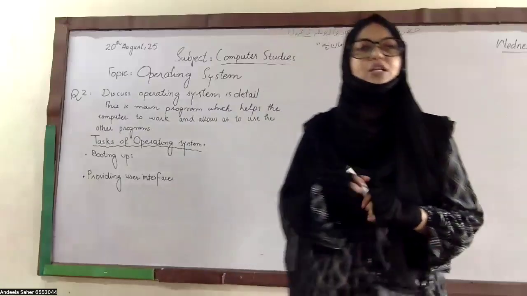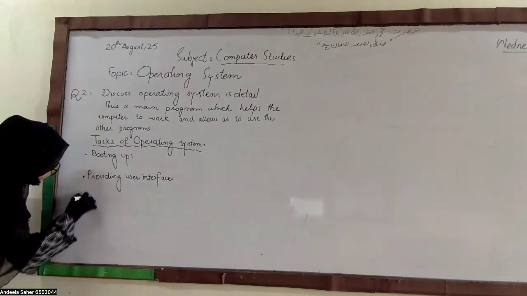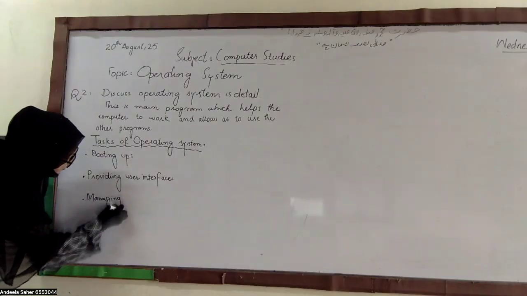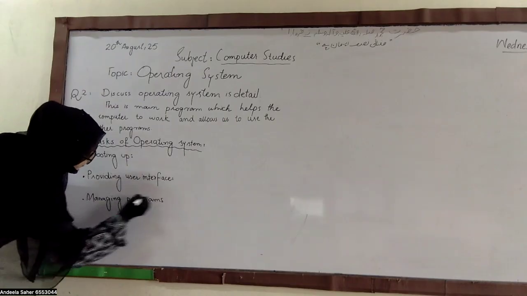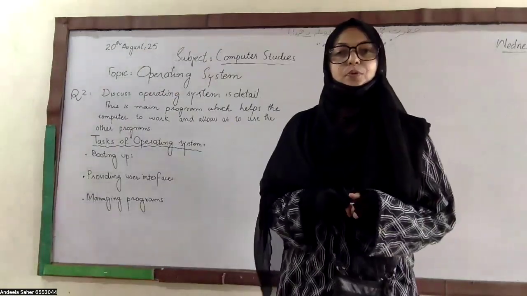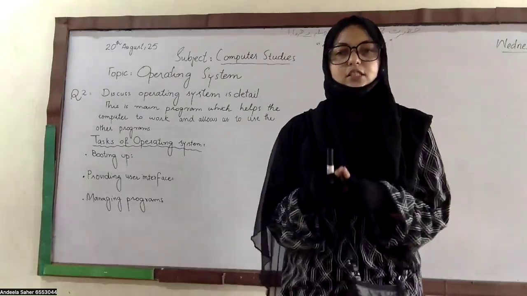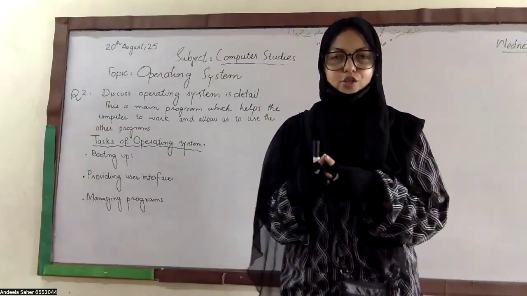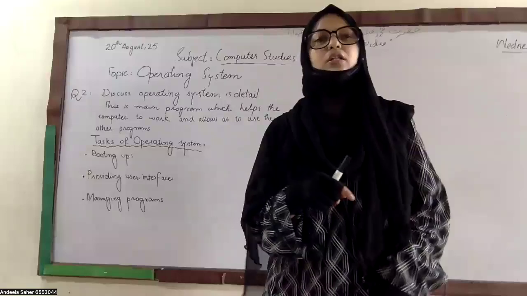The next task is managing programs. As you know very well, if the operating system is providing us the basic interface to interact with an application, it is also managing the different programs.